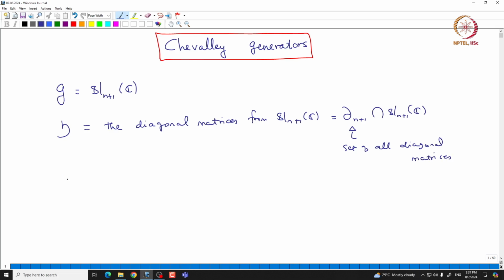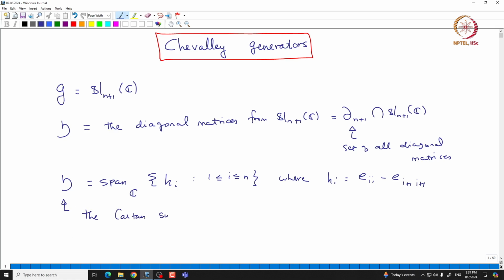Now we have the basis for this H. It is spanned by H_i, where i ranges from 1 to n, where the H_i's are the usual standard basis E_ii minus E_{i+1,i+1}. So, we have this Cartan subalgebra of G.